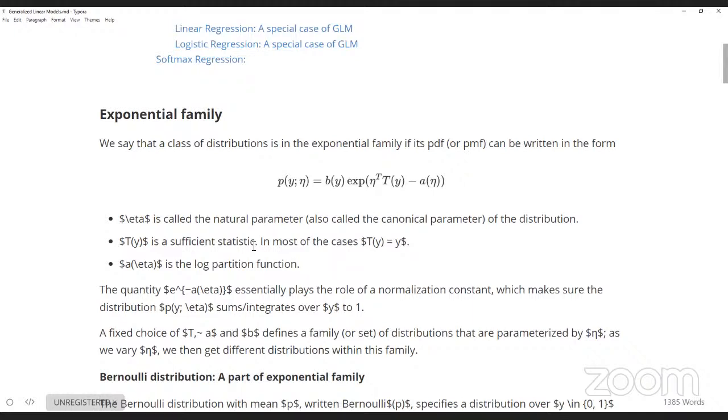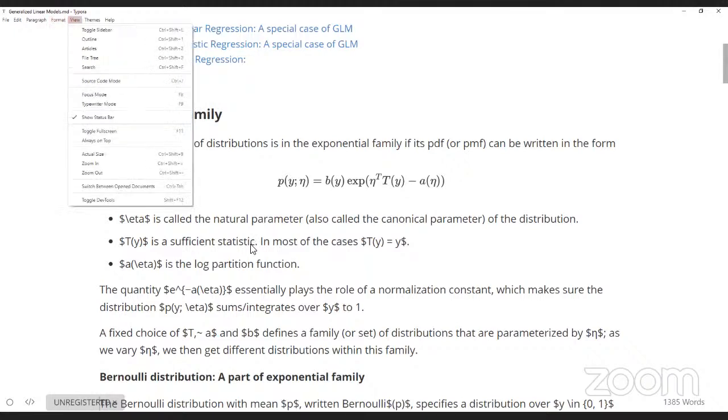We have come across it only in the context of hypothesis testing, where we have a test statistic.